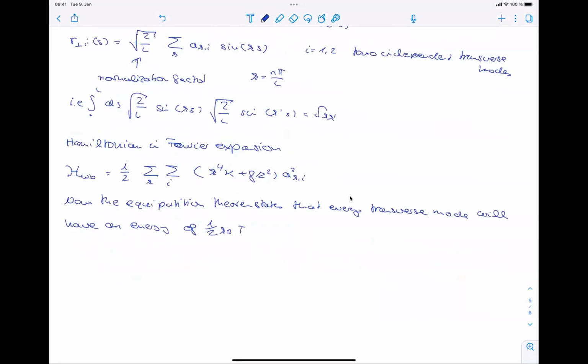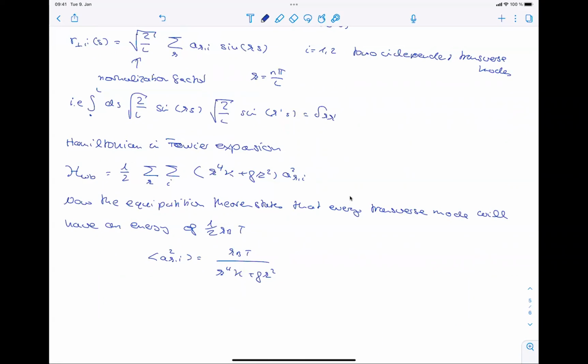And so if we plug this on the left-hand side, we see that A_k squared is kBT, the halves cancel, over k to the 4 kappa plus f k squared.